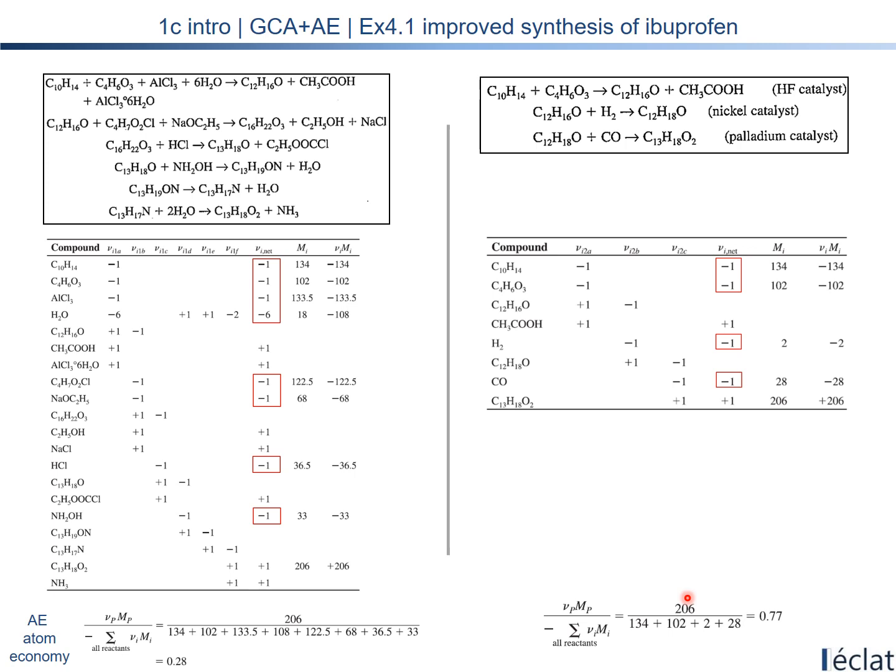Therefore, we have the higher value of atom economy for the second process. You would prefer the second process in terms of atom economy. We did the generation consumption analysis, and we have used the atom economy as a measure to estimate which process is preferable or not.